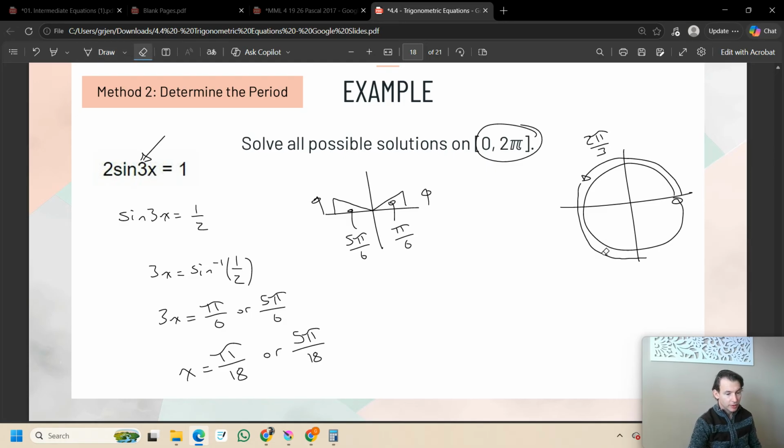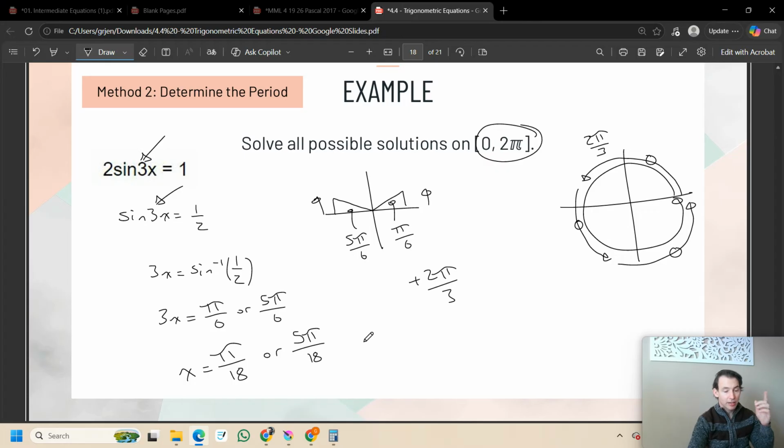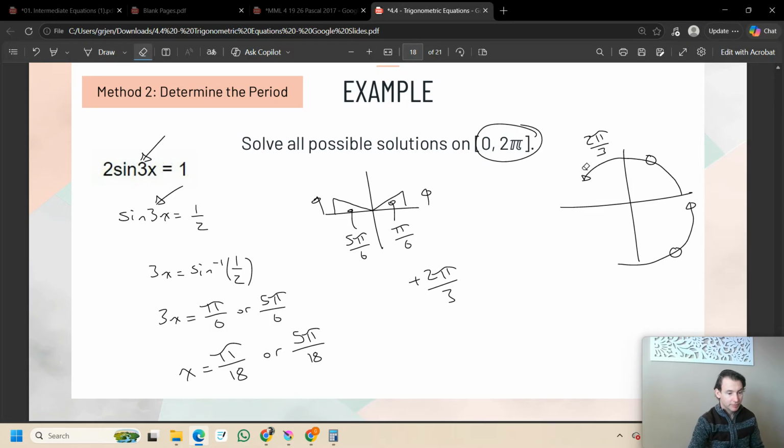So there's 2 pi by 3, 4 pi by 3, and 6 pi by 3. So because there's 1, 2, 3 pieces, and I'm multiplying the speed at which this goes by 3, I can add 2 pi by 3 to each one of those and get my upcoming solutions. And I can do that twice to each one of them. So I can add 2 pi by 3 and I can add 4 pi by 3 to get there.